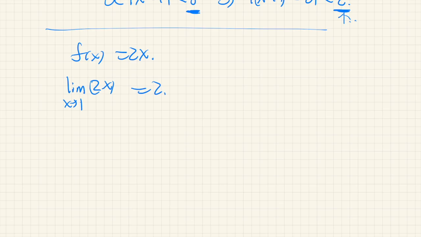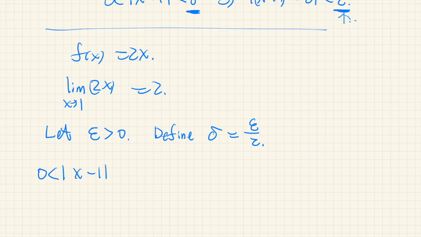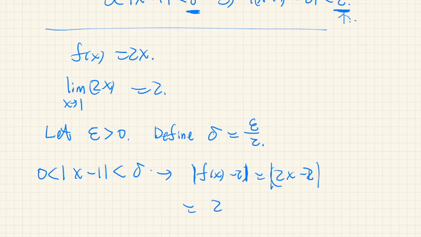This is obvious, but let's actually prove this by using the epsilon-delta argument. Let epsilon be any positive real number. Then if we define delta as epsilon over 2, then if the absolute value of x minus 1 is between 0 and delta, we have the absolute value of f of x minus 2, which is 2x minus 2, equals 2 times the absolute value of x minus 1.